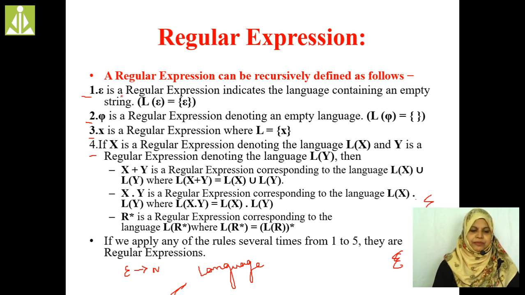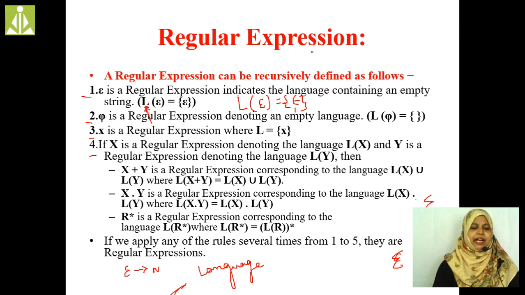If epsilon is a regular expression, it indicates the language contains the empty string. A language is denoted by capital L. L of epsilon equals epsilon. Here this language consists of one empty string, that is epsilon, right?